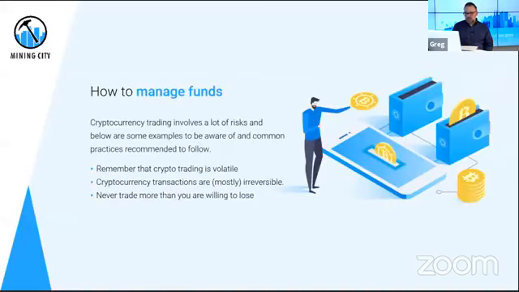Well, cryptocurrencies transactions, apart from Bitcoin Vault, are totally irreversible. You may lose what you have invested, and as a rule of thumb, do not use the money you cannot afford to lose.